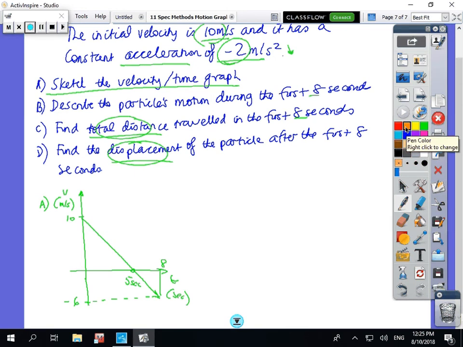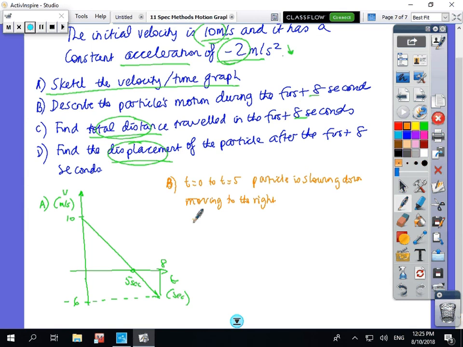Describe the particle's motion. Okay, so this is going to be a bit of a story. From t equals 0 to t equals 5, particle is slowing down. But it's still moving to the right, because the velocity is positive. At t equals 5, particle is stationary just for an instant.